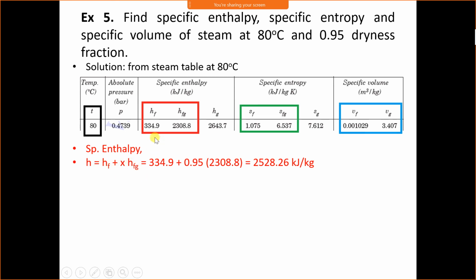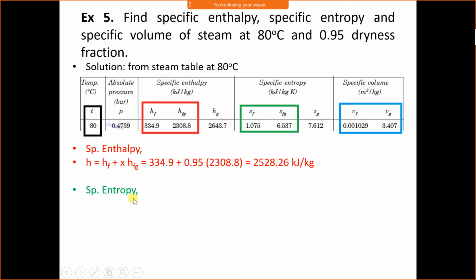Now hf is 334.9 plus x is 0.95 and hfg is 2308.8. Now its calculation will be 2528.26 kilojoule per kg.